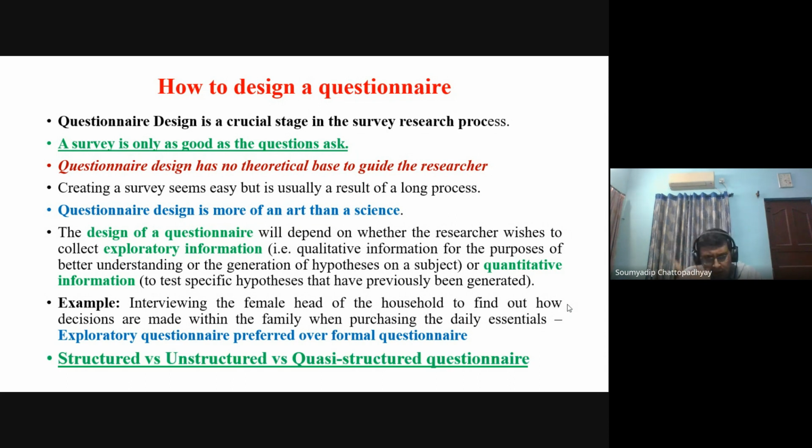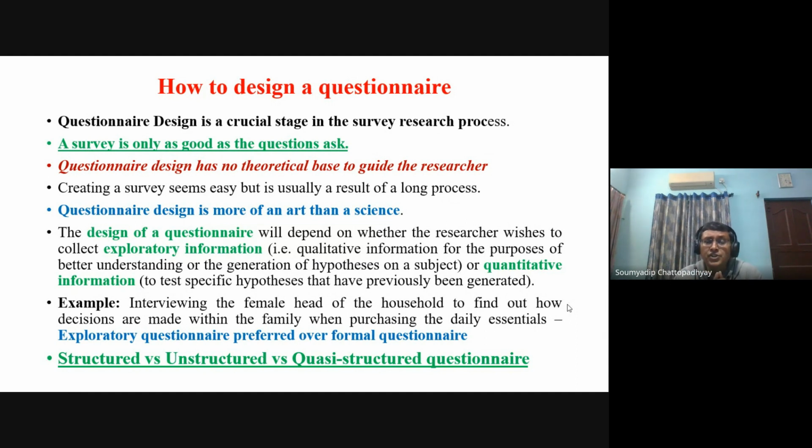Okay, and following this, we can think of questionnaires which are structured vis-a-vis questionnaires which are unstructured or quasi-structured. Structured questionnaire, as is evident from the name itself, means we have a structured way of approaching our survey, whereas in the context of unstructured, we do not have a structured questionnaire.